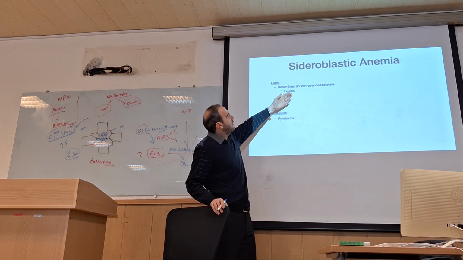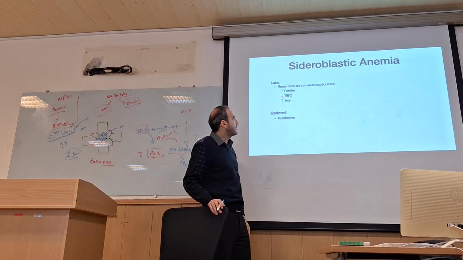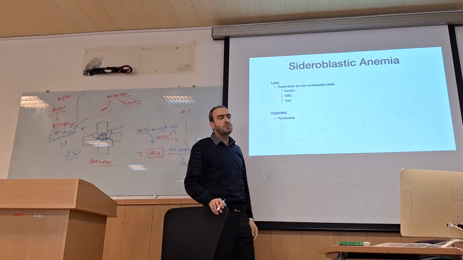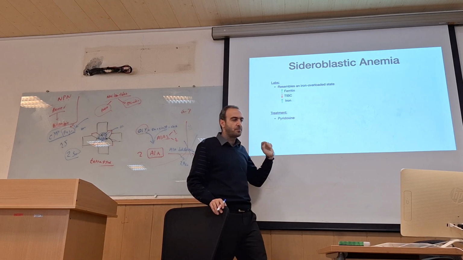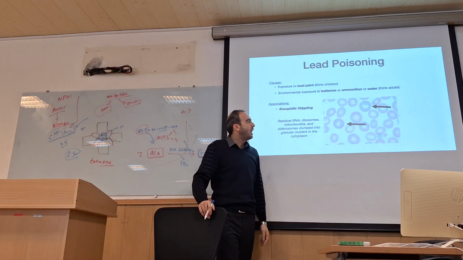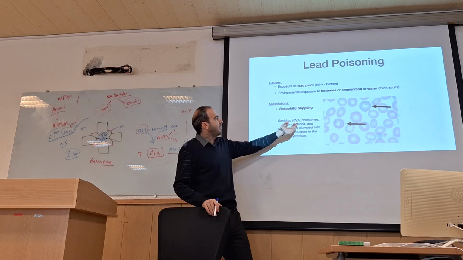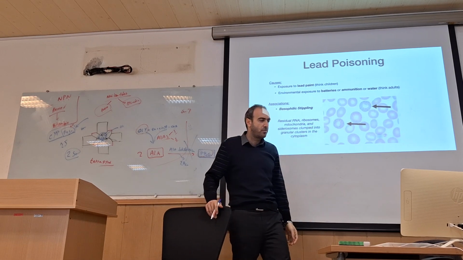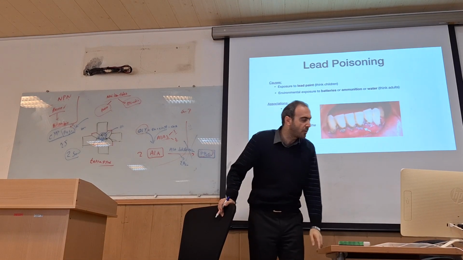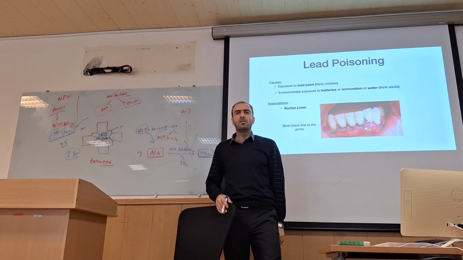The lab result is like this: ferritin is increased, TIBC decreased, iron also increased. The treatment is pyridoxine, which is vitamin B6. Lead poisoning also has this, leading to the accumulation of lead, especially in the lip.